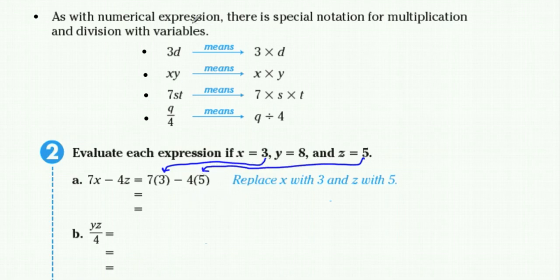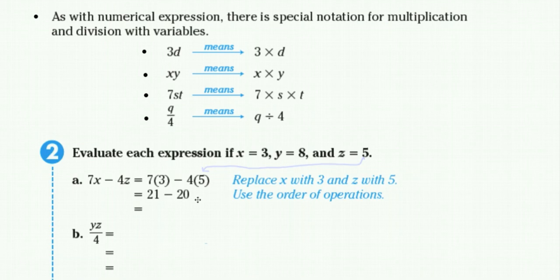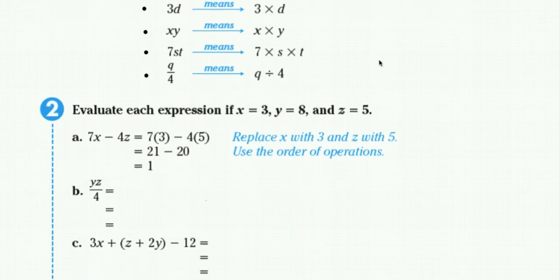Okay? So replacing that, we end up with that expression. Simplify that, you have 21 minus 20, and then use the order of operations to finally get the simplified form, which is equal to 1. Okay? So the value of 7x minus 4z given x equals 3 and z equal to 5 is equal to 1. Let's take a look at the next example.